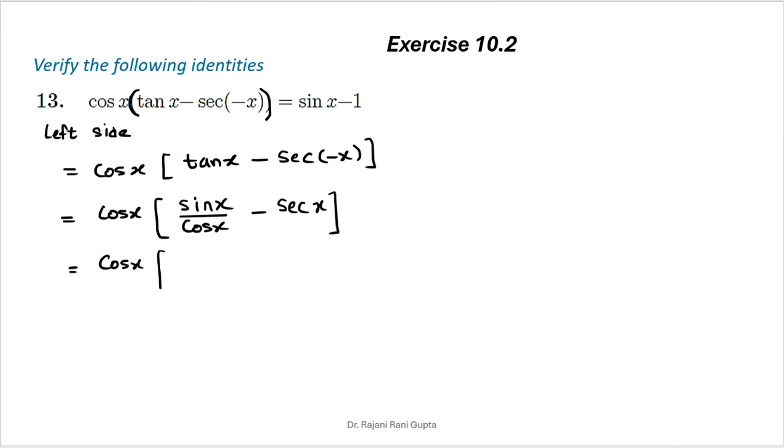So this is cos x times (sin x over cos x minus secant x), and secant is the reciprocal of cos, so you can write it as 1 over cos x.